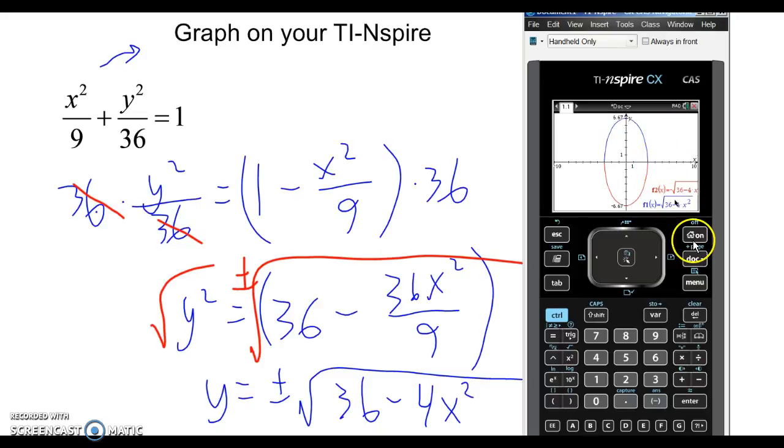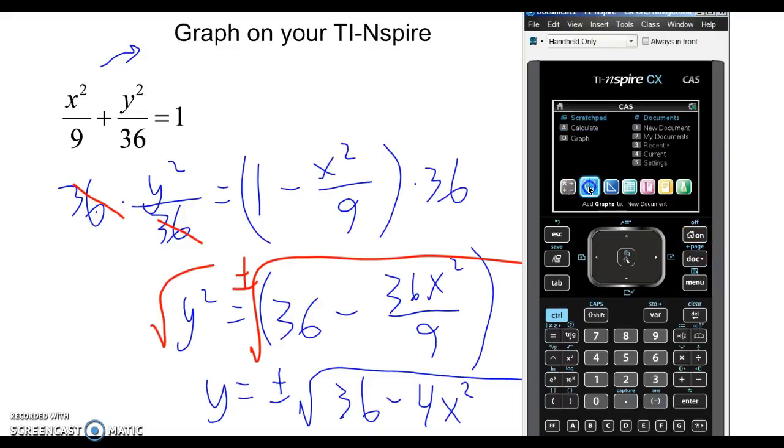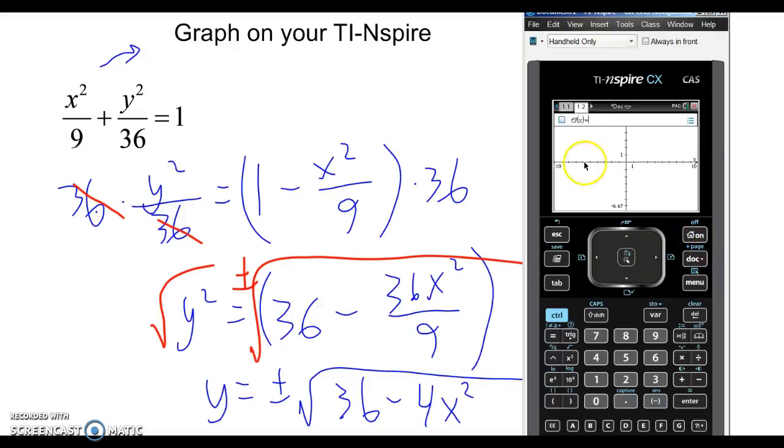There's another way to graph an ellipse. If you hit add a new graph page, it's a cool way. If you hit the delete key, the delete key is right here, and you have the newest operating system, you'll have something called relation. And now I can just type it in like it looks right there.